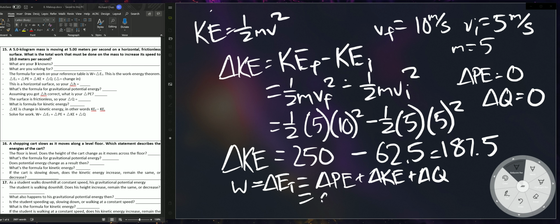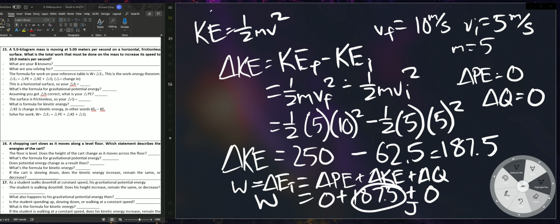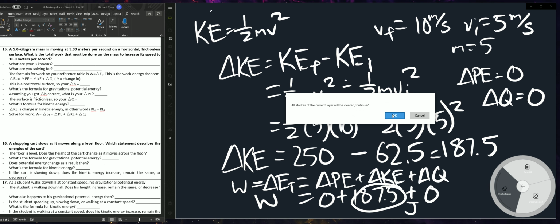Well, if change in PE is 0, change in KE is this right here, which we just solved for, and change in Q is 0, then your work done is literally just this number, because everything else is 0. That's your work done.